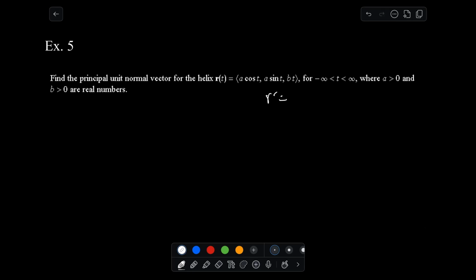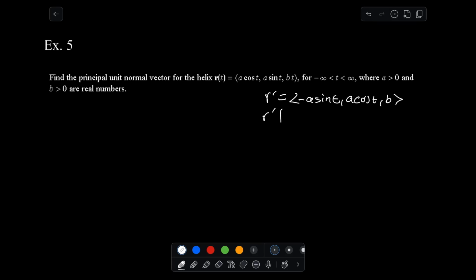So r prime is equal to negative a sine t, a cos t, b, and the magnitude of r prime equals the square root of a squared plus b squared.